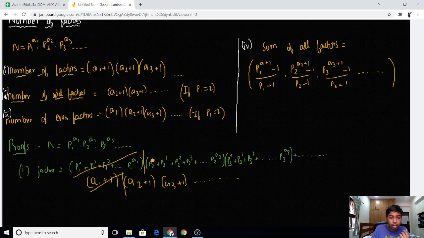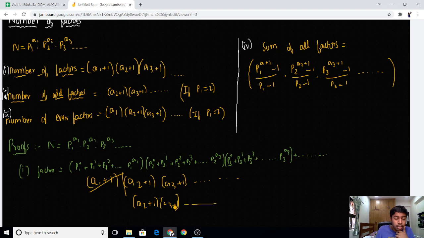When you do the product of all these terms, as you know there's only one prime number which is even, which is 2. So the product of all these is going to be odd, 100%, because 2 is not included anywhere. That is why we are not including a1 plus 1 here. So we directly get a2 plus 1 into a3 plus 1, and so on.